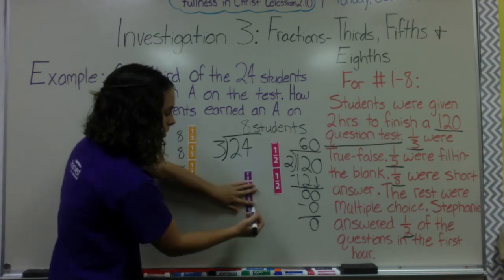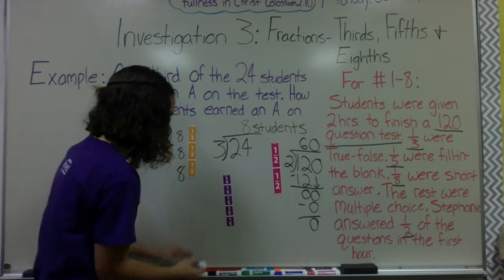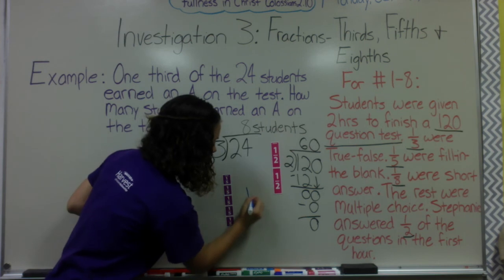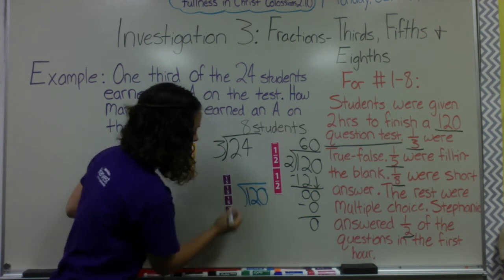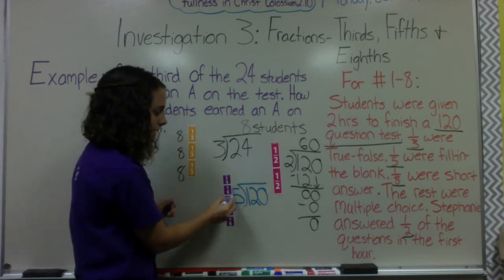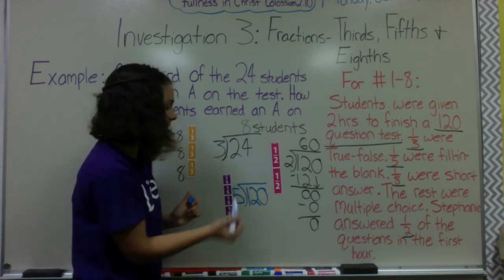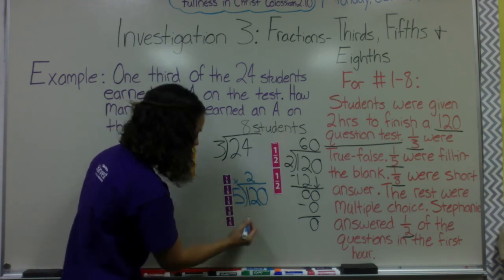I'll get a different color since we have a lot of black here. Still 120 is my whole number. It's how many questions are on the test, and I want 1/5, so I'm going to divide it into 5 equal parts. How many times can 5 go into 12? It can go in 2 whole times because 2 times 5 is 10.